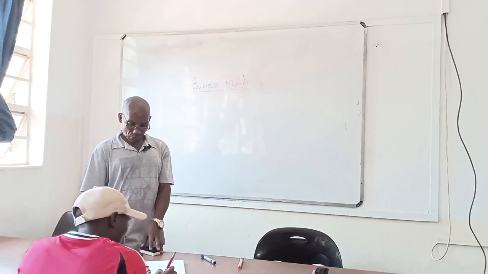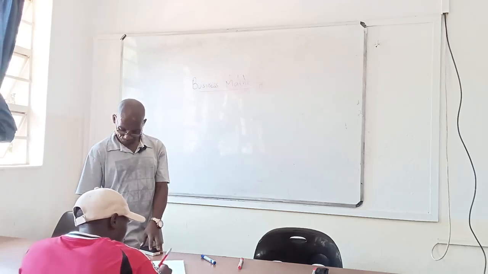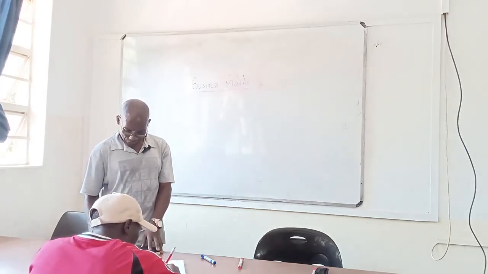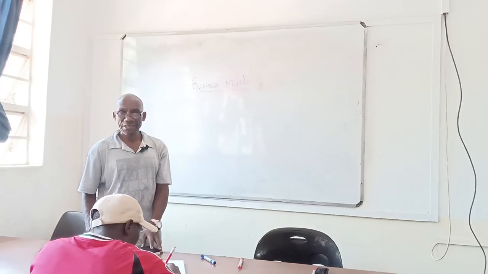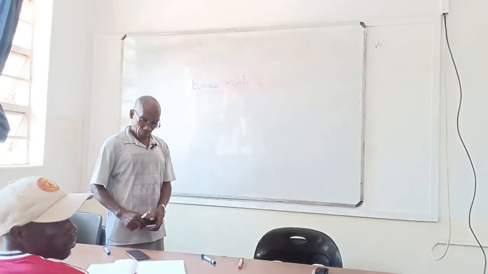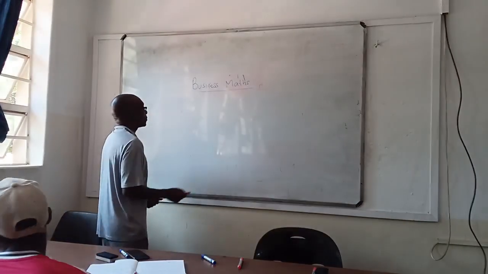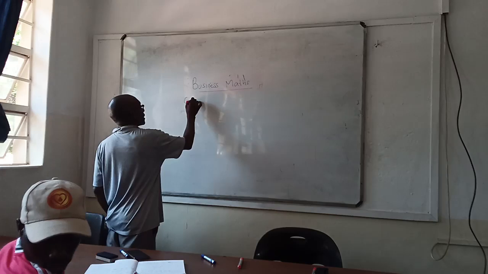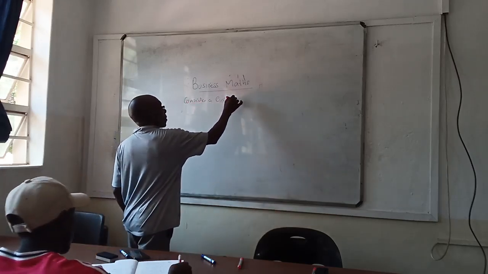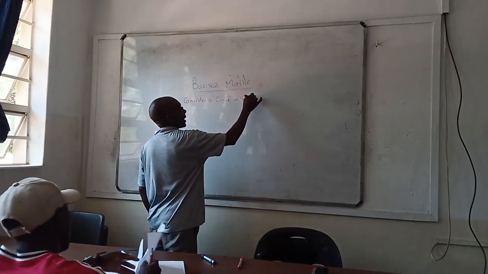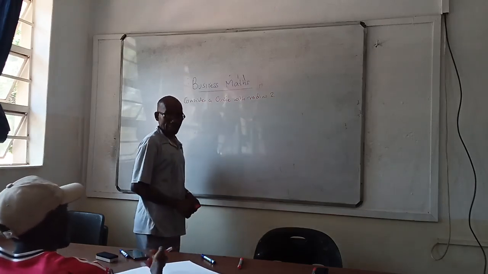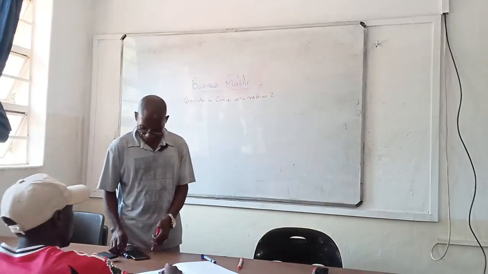Let me say something about a circle. Consider a circle of radius 2. You know what a circle is? All right. Consider a circle with radius 2. What is radius?